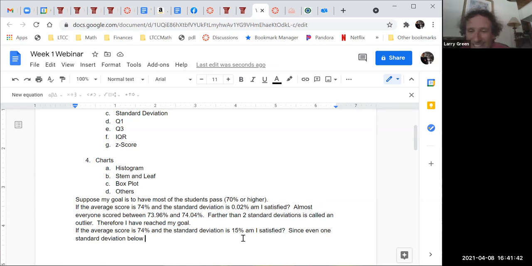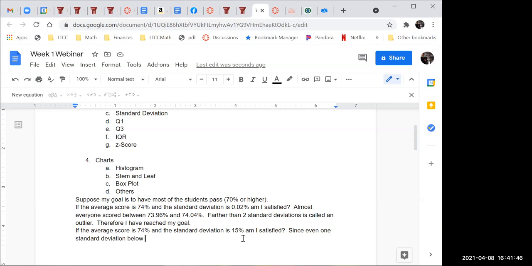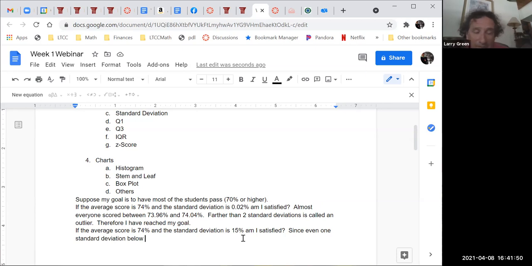If I have all the grades of all the students, the standard deviation is just a number. I can't change that. It is what it is. It's kind of like, can you change your age right now? No. It's a number.